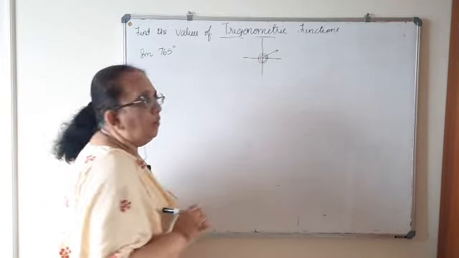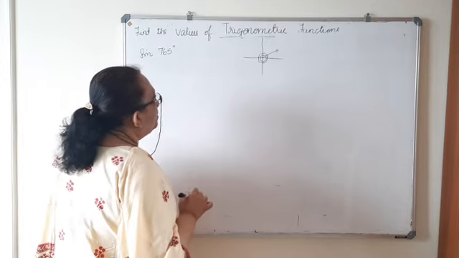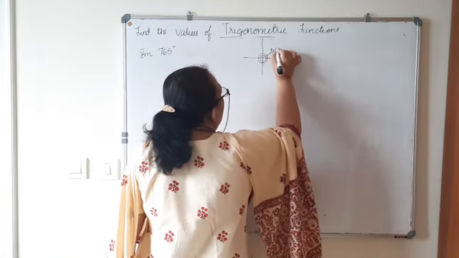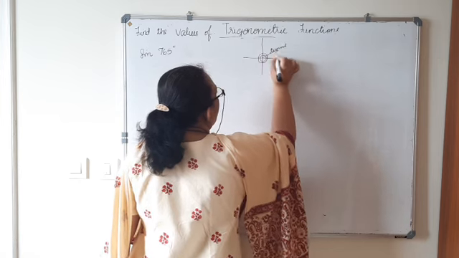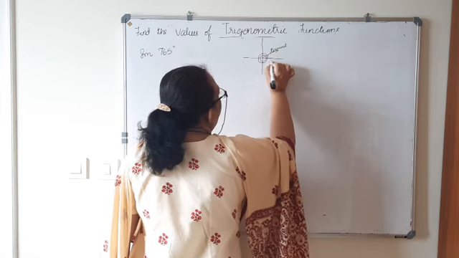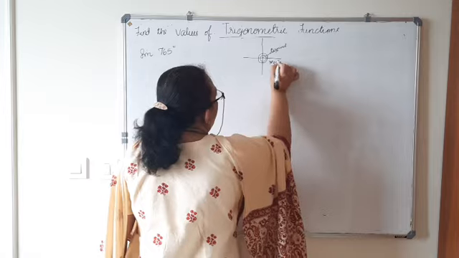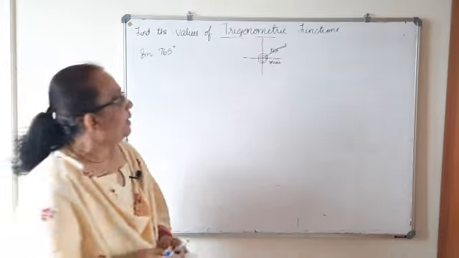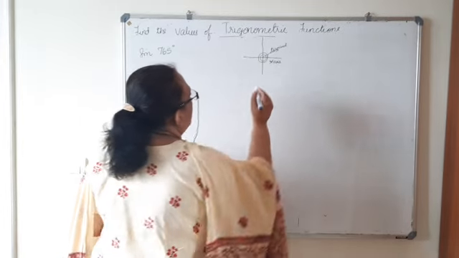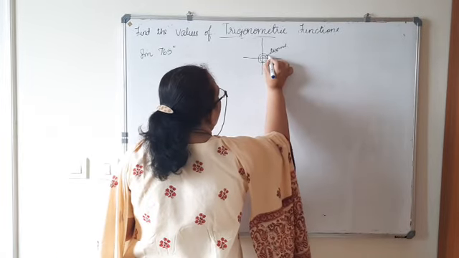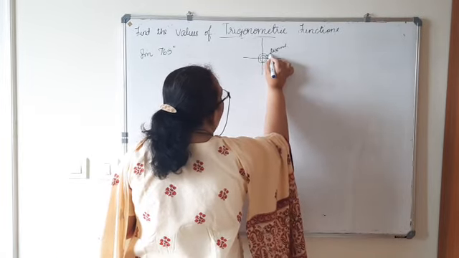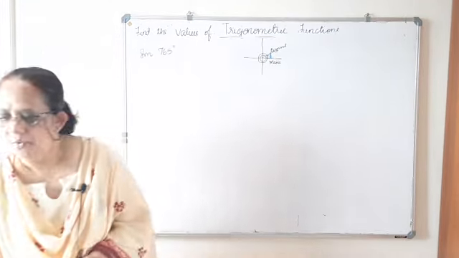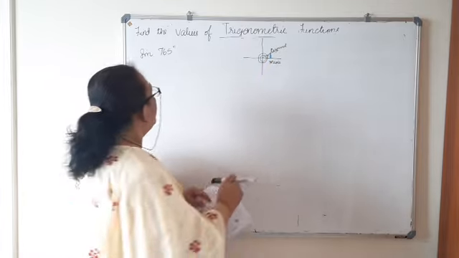Now you have to find the angle between the terminal side, in the anti-clockwise direction because it is positive, and the x-axis. So the final angle formed is 45 degrees.